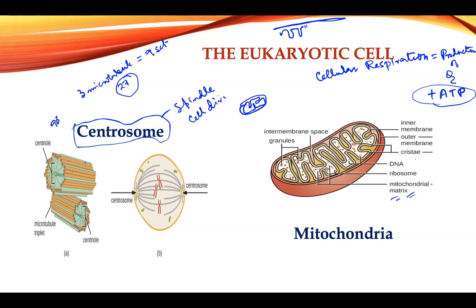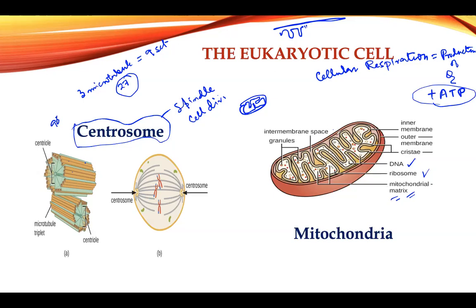Inside the matrix, they have their own DNA. They have their own ribosome. Very, very important. No other organelles have that except mitochondria and chloroplast inside the plant. They have their own DNA, own ribosome, and this DNA, they divide independently.